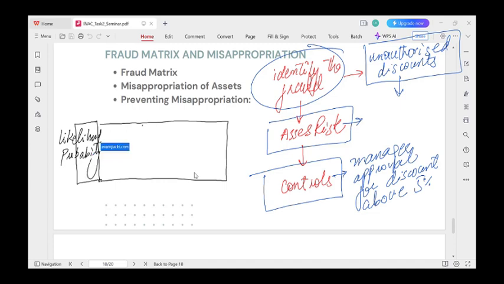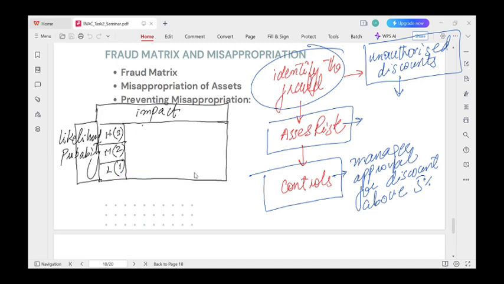And on the other side, we are going to take impact. Your likelihood can be high, medium, or low. Let's say high likelihood means a score of 3, medium likelihood 2, and low likelihood a score of 1.